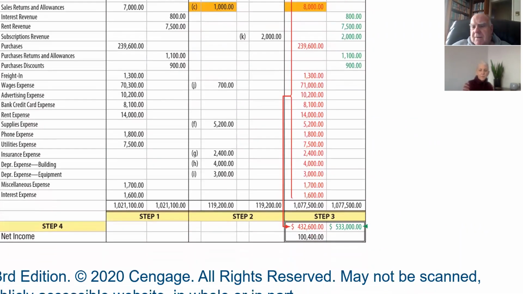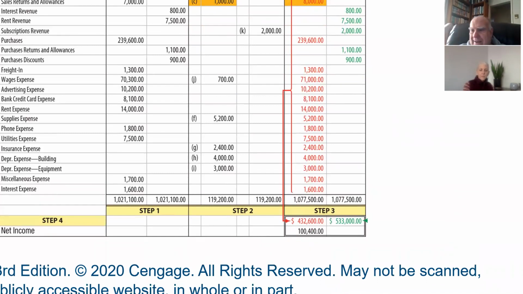So that was our net income. When we go to the two columns that are the net income column, Lori, we are going to be out of balance by that amount, right? Because we're not bringing the balance sheet stuff over to the income statement.